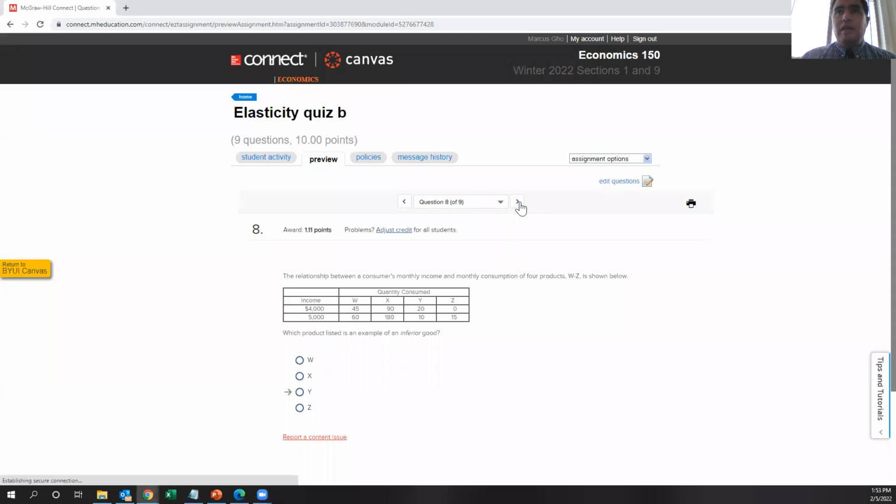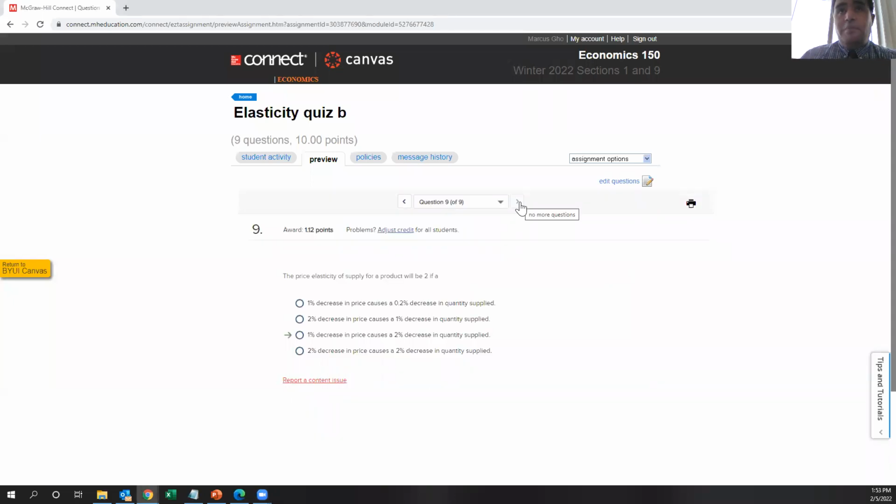And that brings us to the very last question on the quiz. The price elasticity of supply for a product will be 2, and let's see what happens. Let's make a little table. Recall that the elasticity of supply is the percent change in quantity supplied divided by the percent change in price.